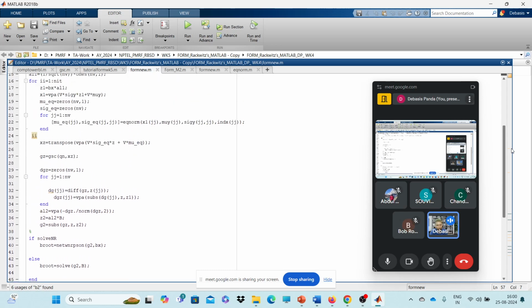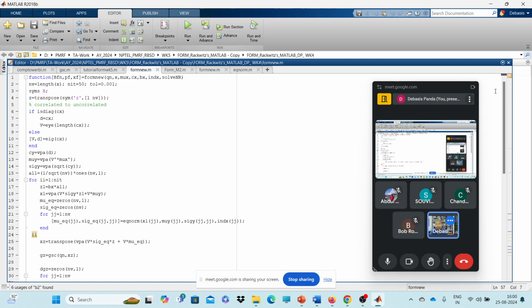To call this function file, we need to provide the question number, from which we get the limit state function. Then we need to provide x, that means the number of random variables, mu x, the covariance, beta x, that means the initial values, and an index for tackling equivalent normal or non-normal problems.